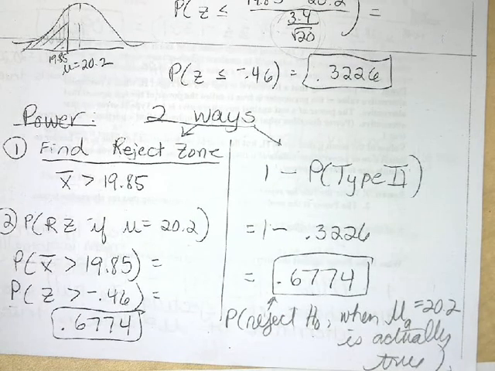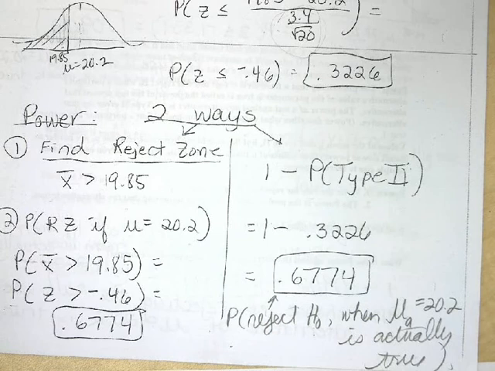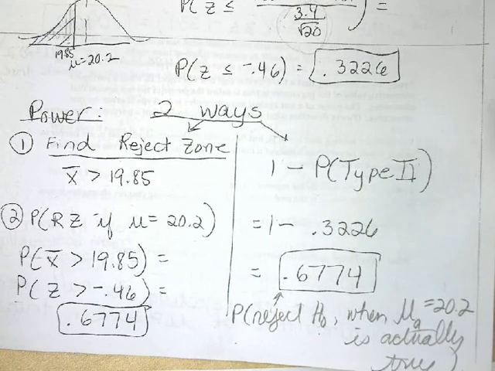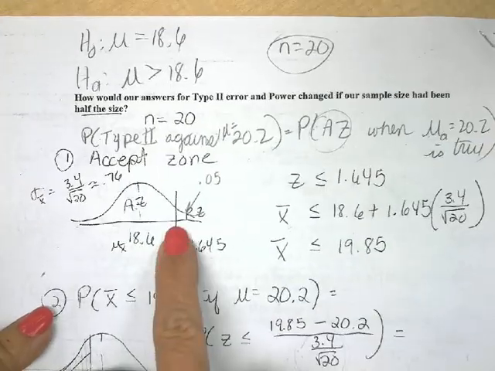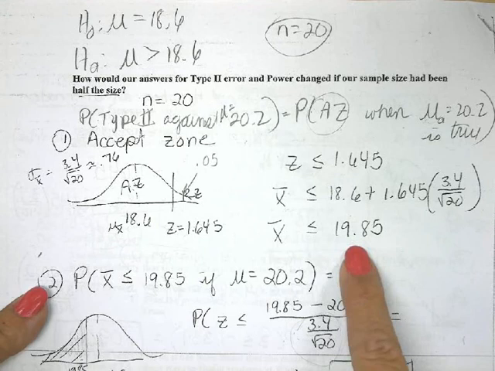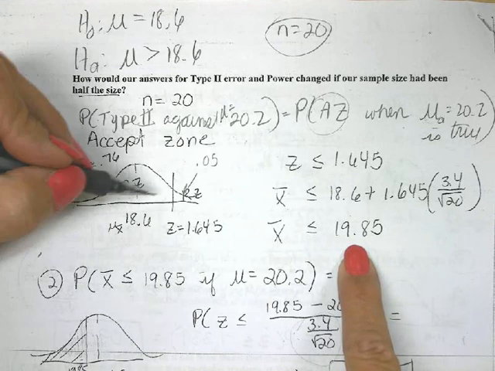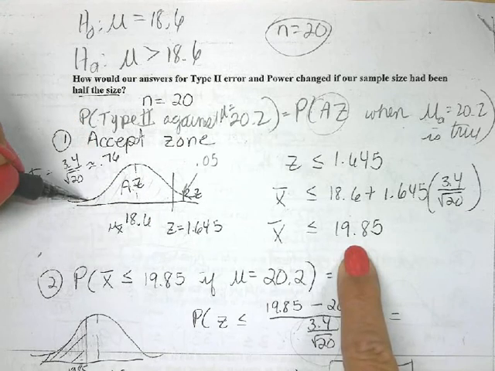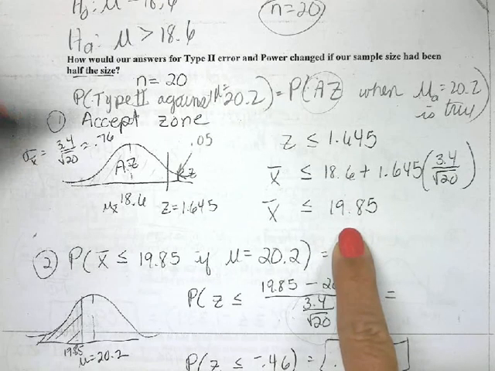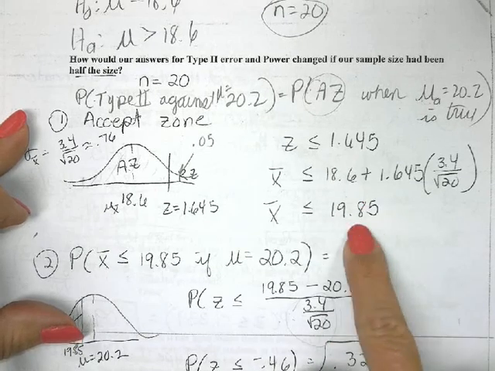Now, if I had to find the power originally without finding the type 2 error first, what I could do is go back up here and know this magic number that we were finding, that x bar, was this 19.85. Well, remember that if less than or equal to 19.85 is my acceptance zone, then the rejection zone would just be greater than 19.85.